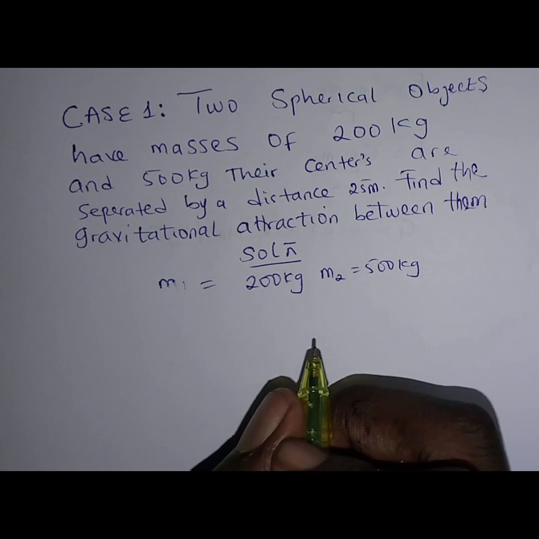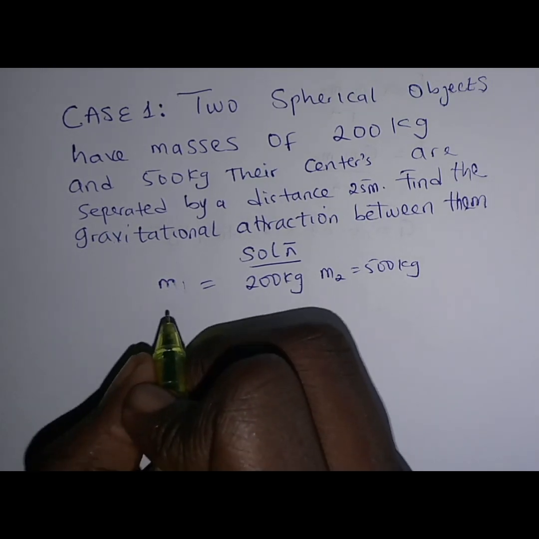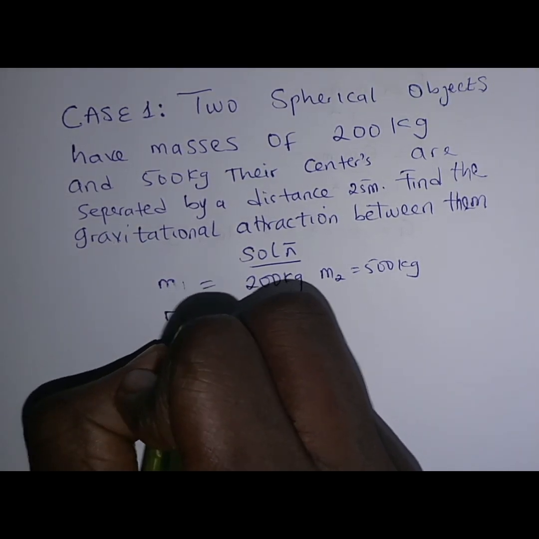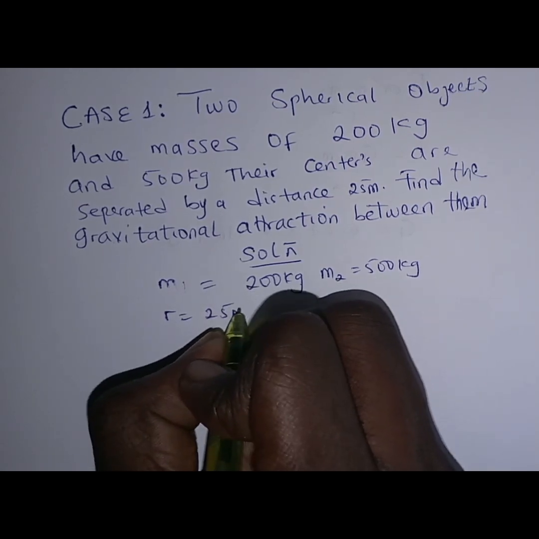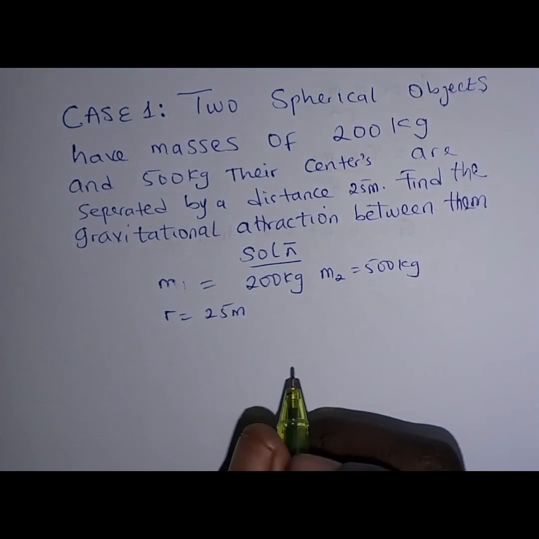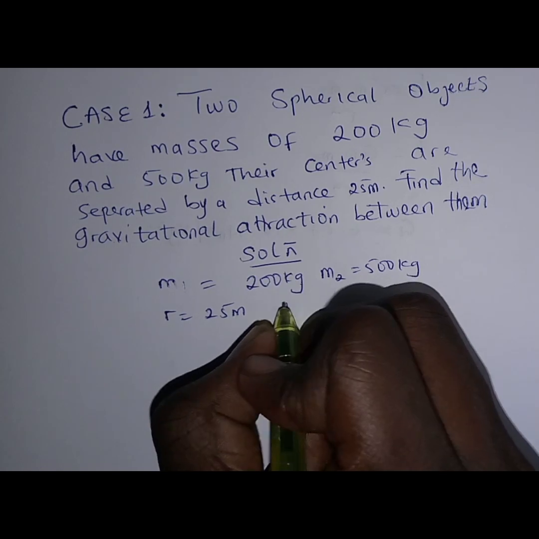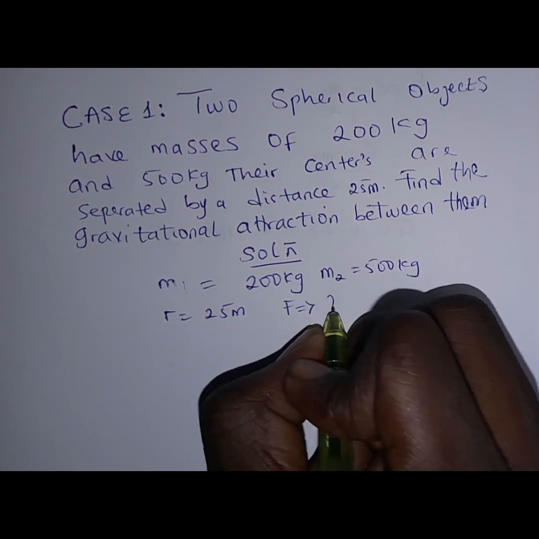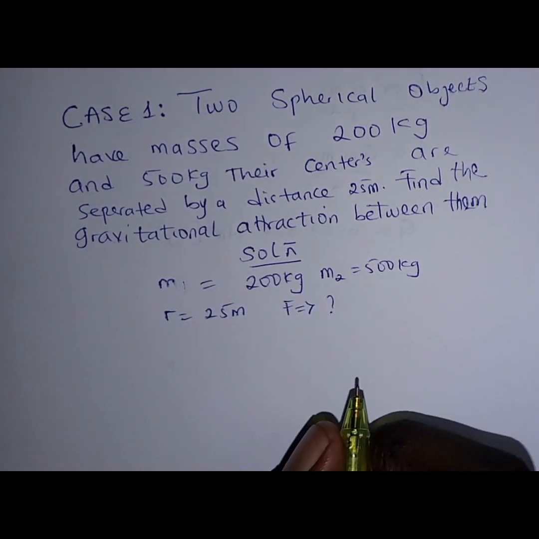Their centers are separated by a distance of 25 meters. So the distance of separation is 25 meters. Find the gravitational attraction between them. We are asked to look for F, the force of attraction between them.